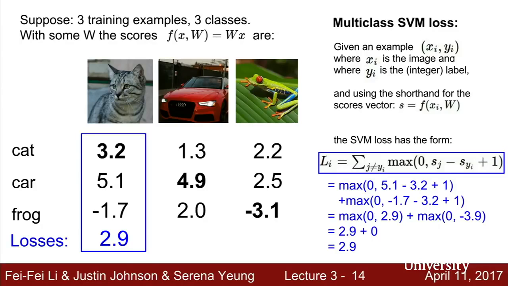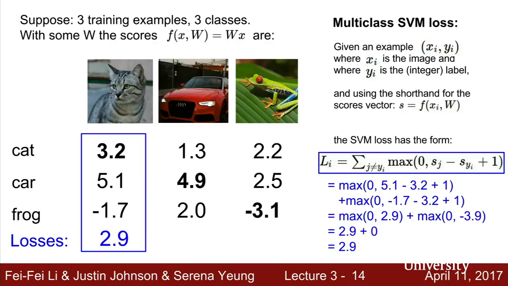So this might make a little bit more sense if you walk through an explicit example for this tiny 3-example data set. Here, remember, I've removed the case-based notation and am just switching back to the 0, 1 notation. Now if we think about computing this multi-class SVM loss for just this first training example on the left, then remember, we're going to loop over all of the incorrect classes.